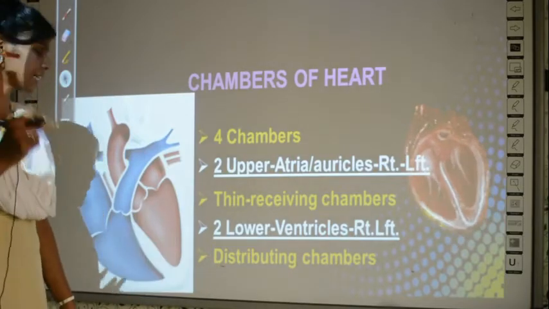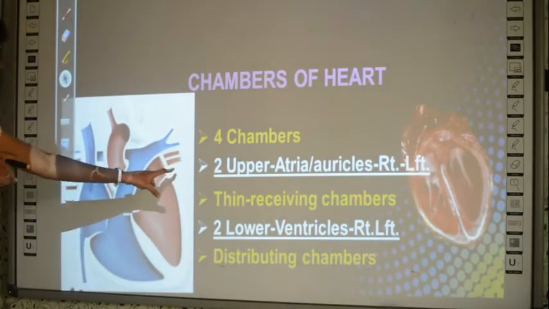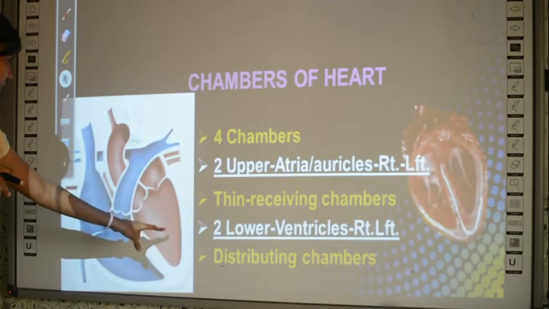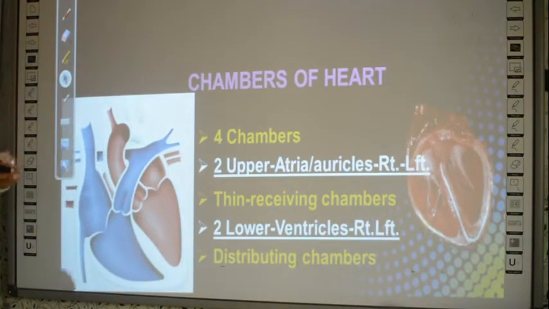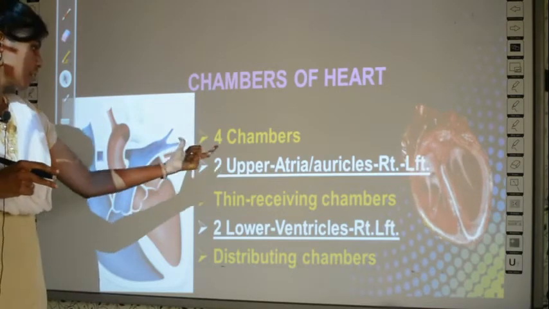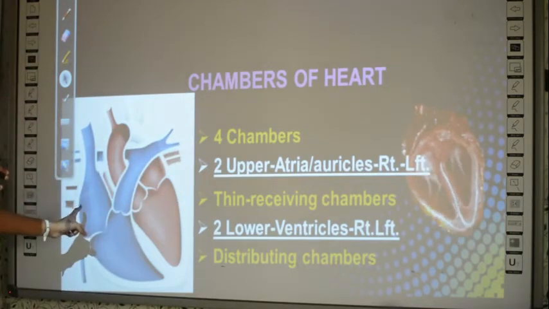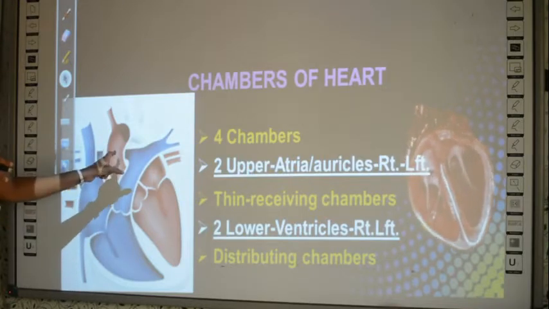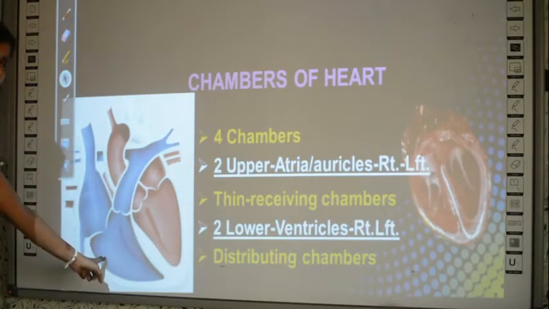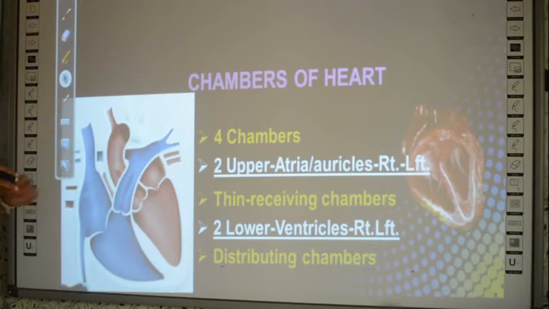Where it gives, we will study later. Here also, atria receive and ventricles give out. So 4 chambers, what are they called? Right atrium, left atrium, right ventricle and left ventricle.